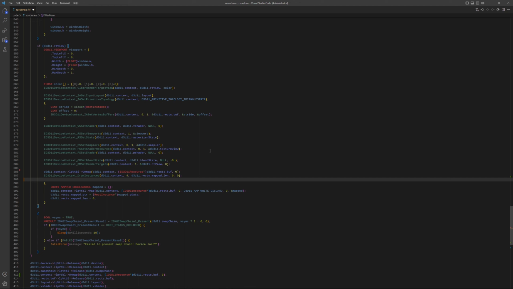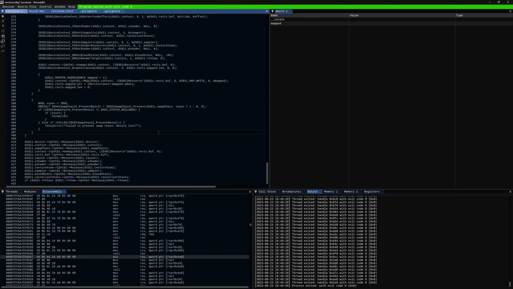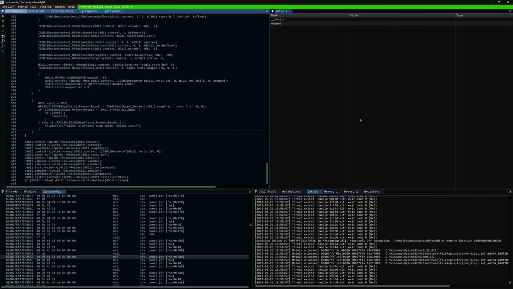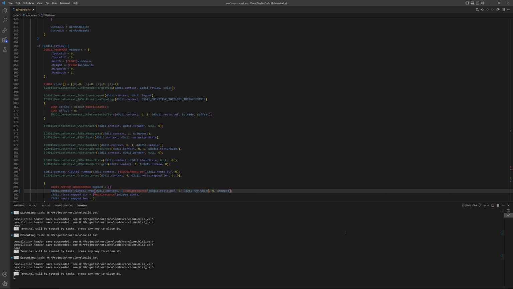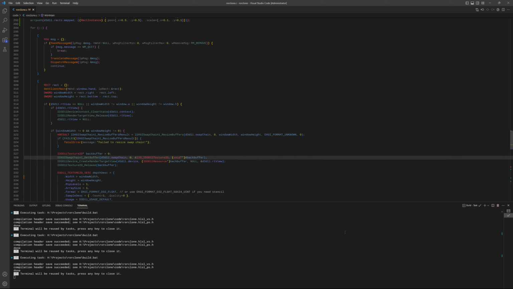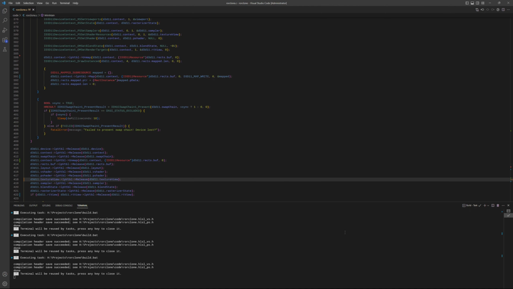So when I remap it, okay. First of all, can I do that? Or is that not allowed? Okay, that is not allowed. Attempting to unmap a resource that was not mapped. Well, that's not really what I expected to see there.